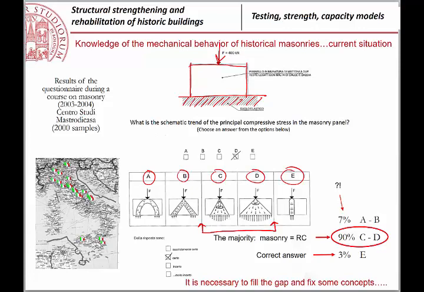For example, C and D are different just because of the angle of amplitude of that distribution cone of the stresses, okay? It is 60 degrees, which means plus minus 30 in the first case, plus minus 45 in the second case.